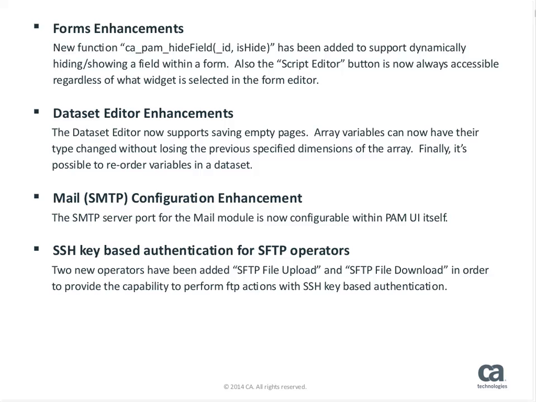If you have that configured in Oasis config, when you upgrade, you will see the value there reflected in the mail module. But then going forward, whatever's configured in the UI will take precedence over anything that's configured in the Oasis config properties.